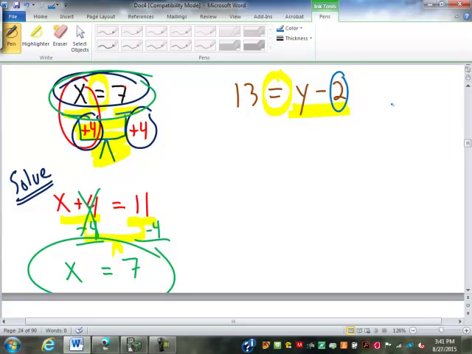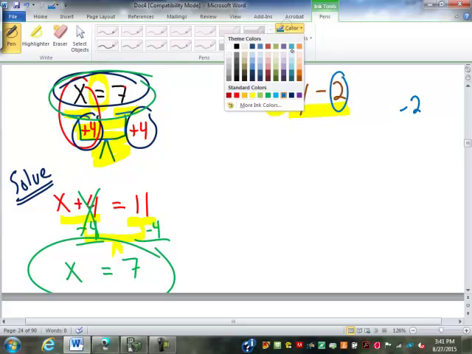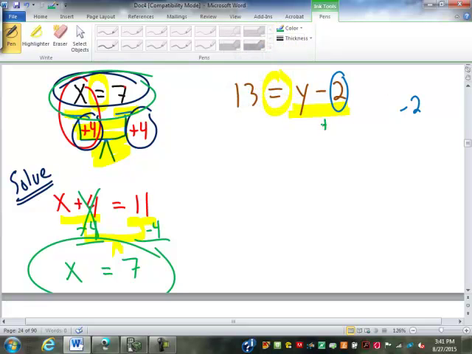So this equation was built by subtracting 2. How are we going to take it apart? Add 2 removes the subtracting 2. And like you said, we have to do it to both sides because we have to keep that equation, that scale, balanced. So over here, all that's left is the y. Here we have 13 plus 2 is 15.